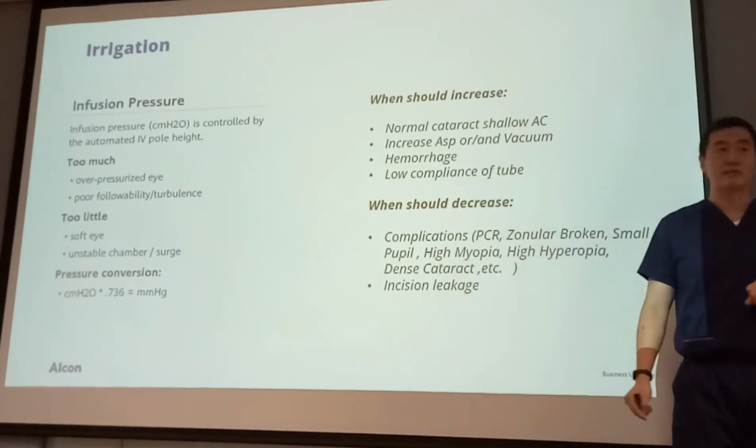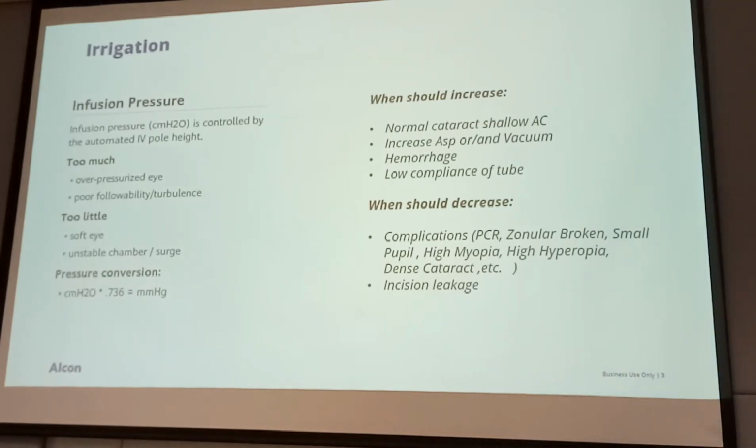And when we face incision leakage, where the water comes out from the incision site, the faster choice is mostly to increase the bottle height. But if we increase the bottle height, there will be more leakage, and more leakage will cause more turbulence in the anterior chamber, because the small nucleus pieces will crack at the leakage place.